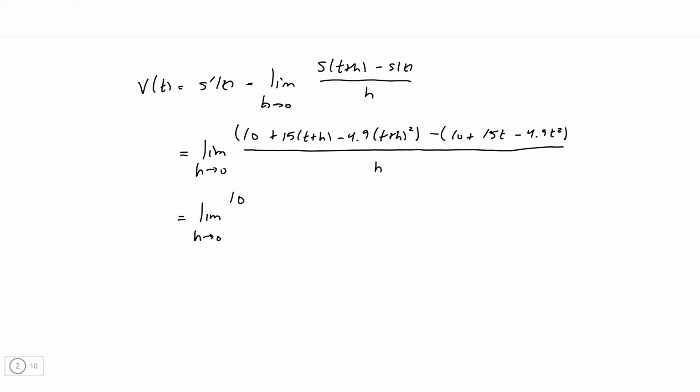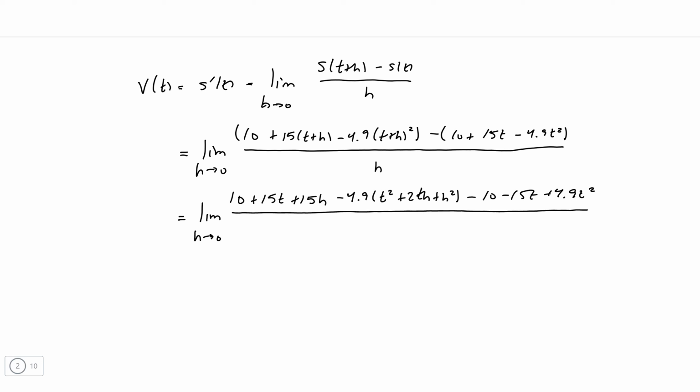Multiplying everything out, let's write this as 15t plus 15h minus 4.9 times t squared plus 2th plus h squared, minus 10 minus 15t plus 4.9t squared, all over h.